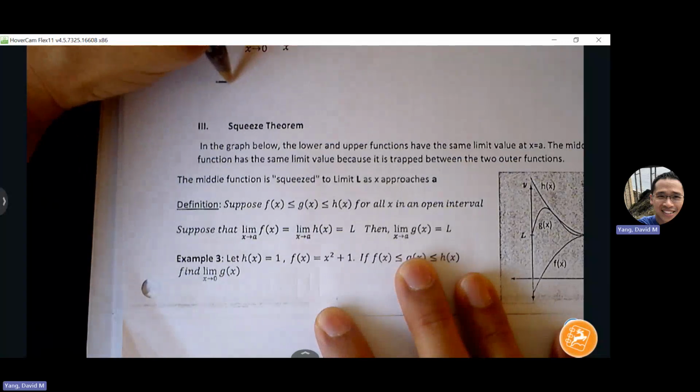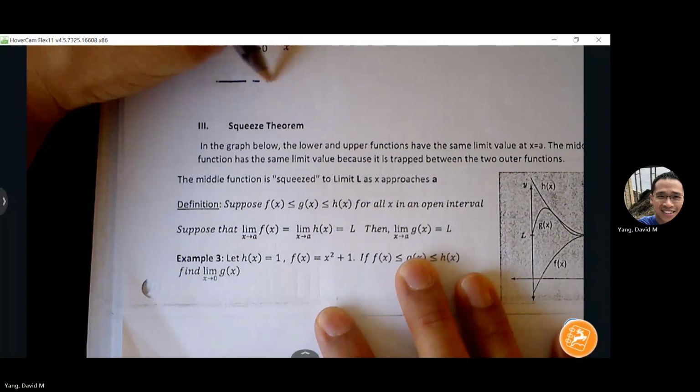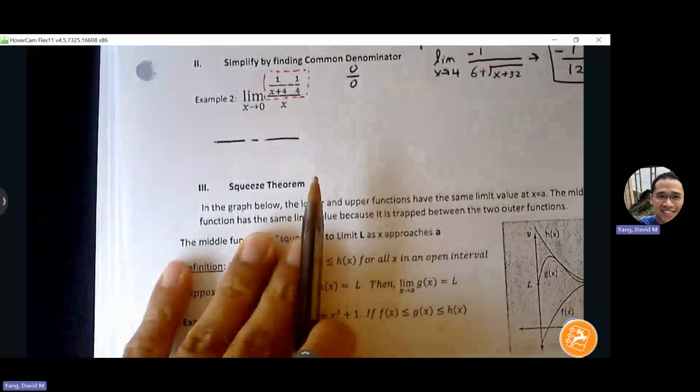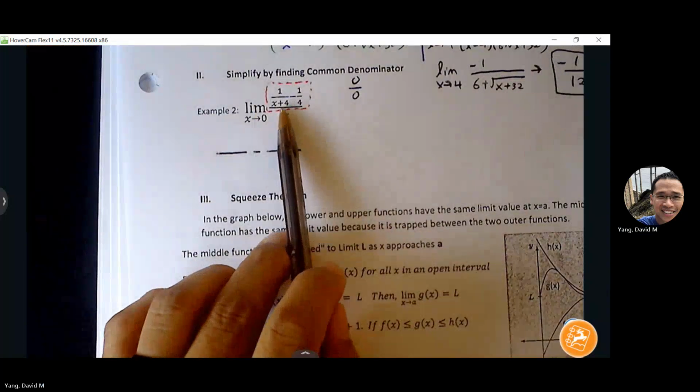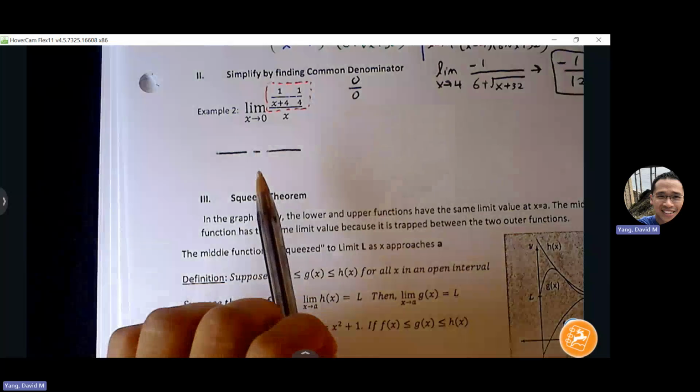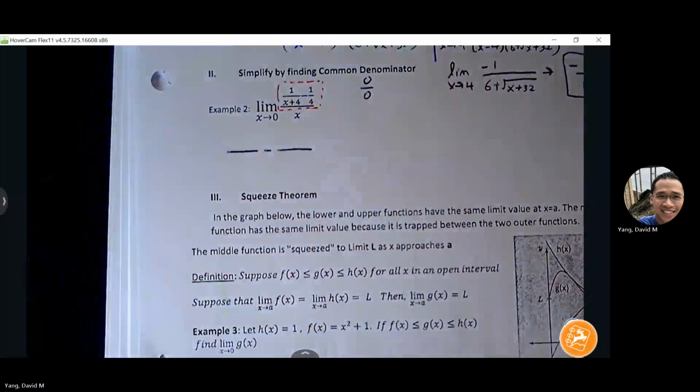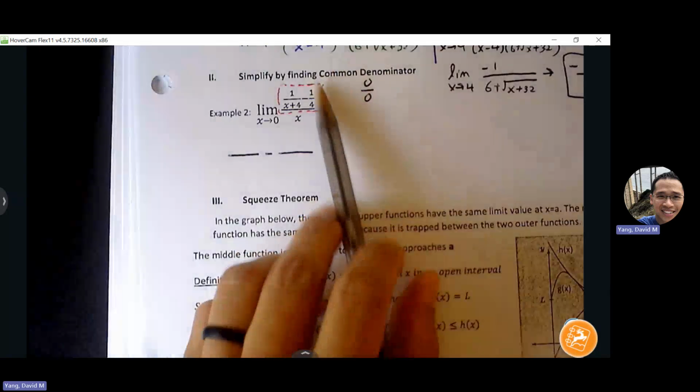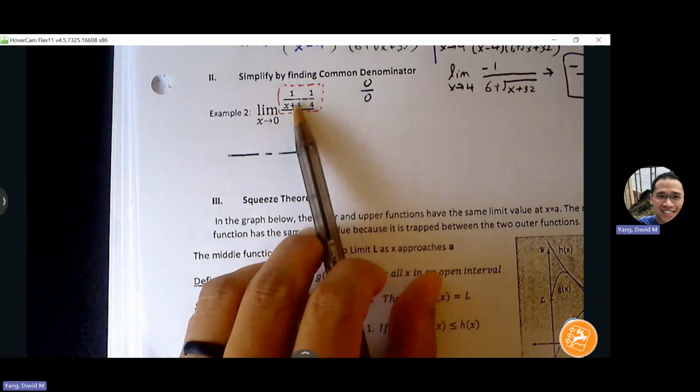So I need to find a common denominator. What's a common denominator between x plus 4 and 4? X squared plus 4. Yeah, so I need both. You see that x plus 4 and 4 are completely different. This 4 is not part of this 4 because there's a plus sign in between.